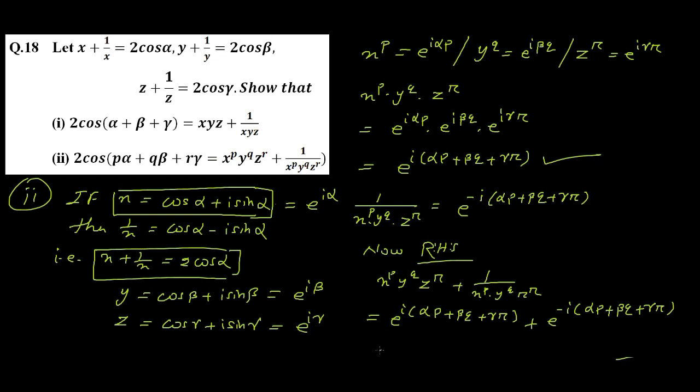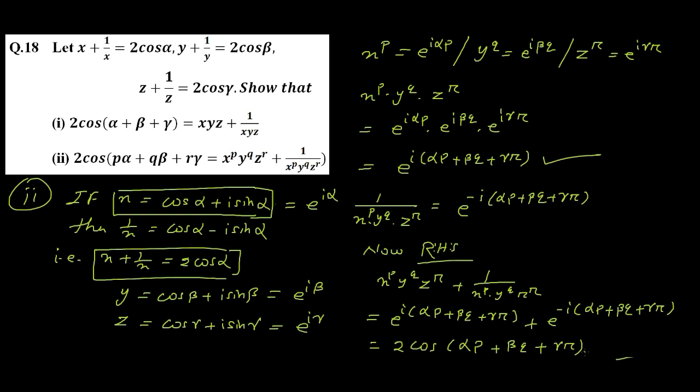And after solving this, as we have already done, e to the power iota theta plus e to the power minus iota theta, what will become? The iota part, that is the sine part, will get cancelled and we will be getting here 2 into cos (alpha p plus beta q plus gamma r). Okay.